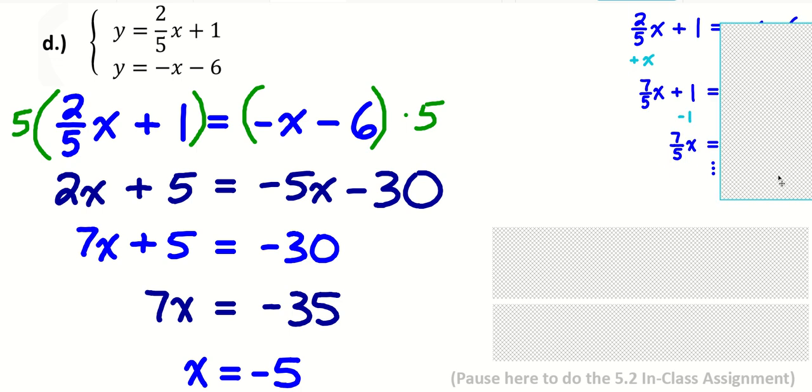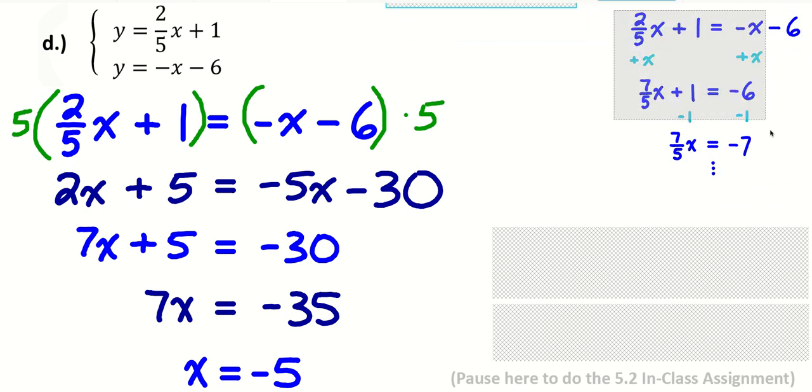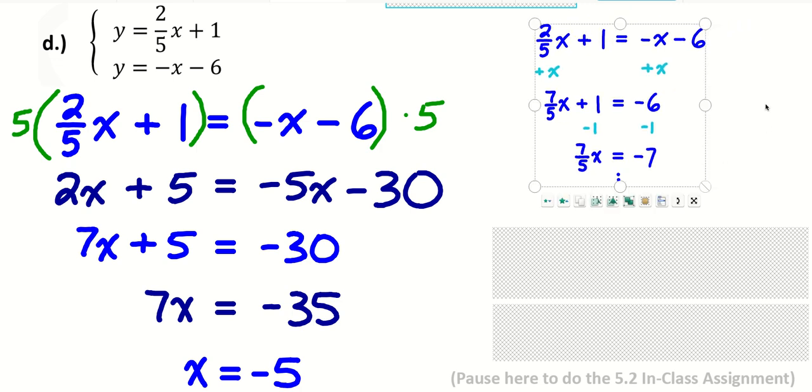What is this? Oh. Hello. Speak of the devil. This is another way to go, adding x over, and then technically this is 7/5 x, which as a decimal, I believe, is 1.4x.